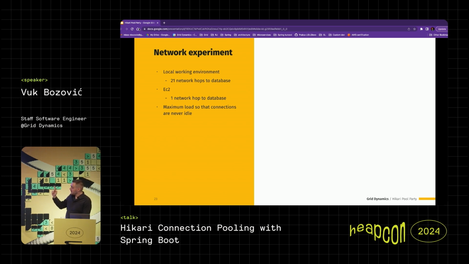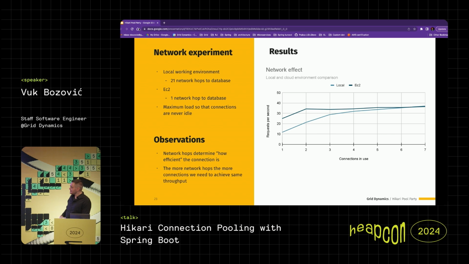And what we have here is practically my bedroom setup achieves the same throughput with 6 connections as the EC2 setup achieves with 2 connections.